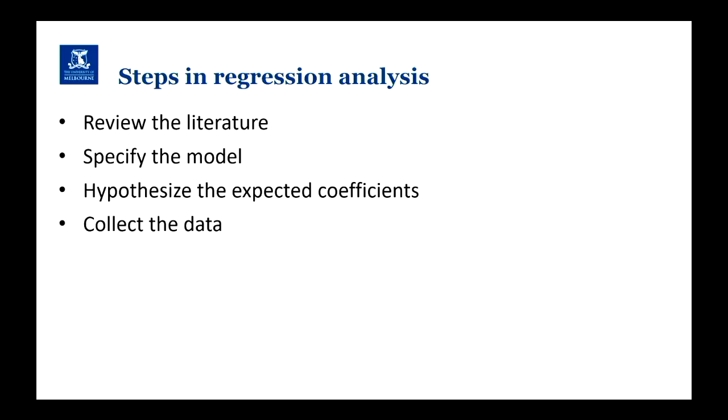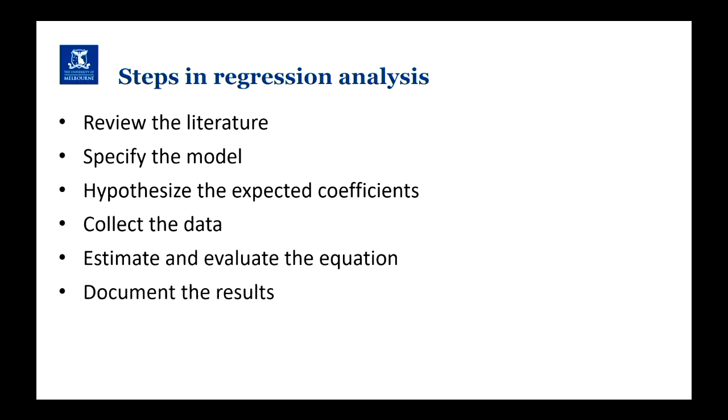Once we finish all the theoretical preparations, we are going to collect data for the dependent variable and the included independent variables. Then we run the model, or we estimate the equation, and we also evaluate or validate the estimated equation.